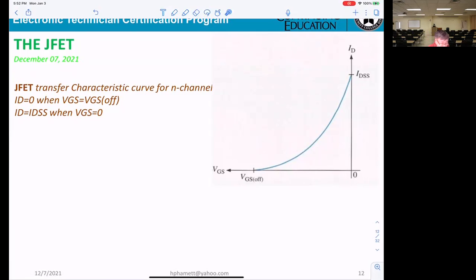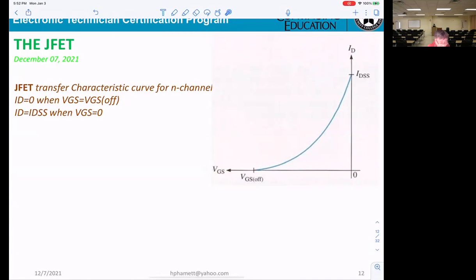So now, the JFET transfer curve for the N channel. This is the display for the current. This stands for ID, and that stands for VGS off.